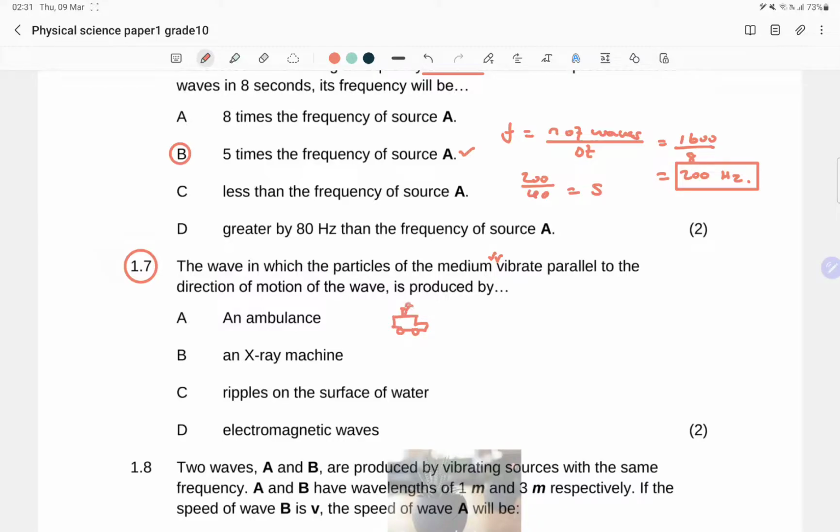It has its siren, and people can see that, and it's transporting a patient somewhere. It's just going on a horizontal road in that direction. So do you see all of these sound waves will be propagated like that, isn't it?